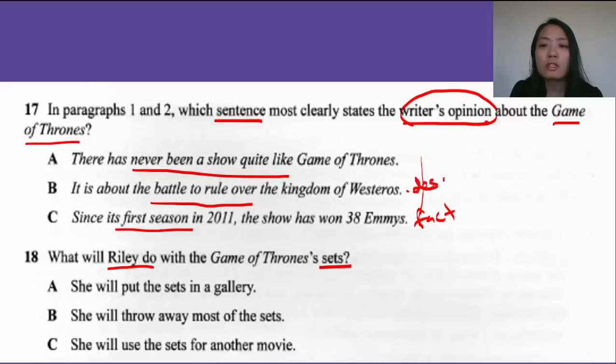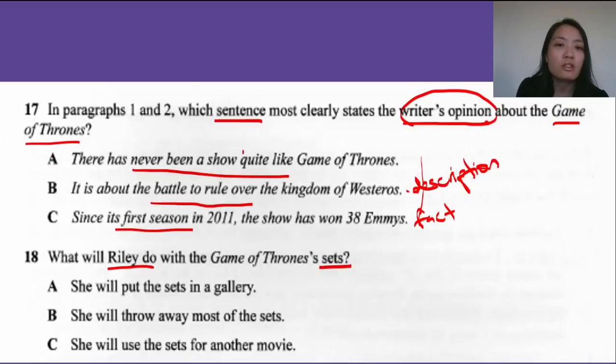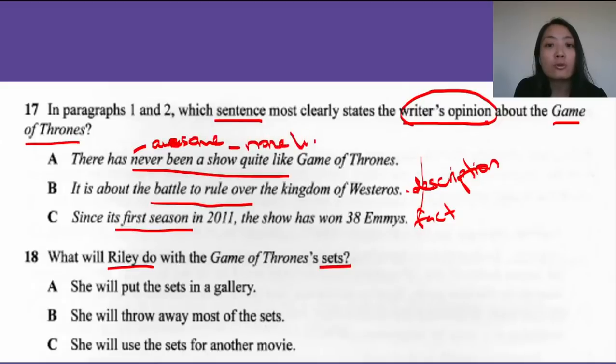So it is not really some kind of opinion that she is talking about. So that means A should probably be the final answer. She's saying that, wow, it has never been a show quite like this show. Never been a show quite like this show reveals that this show is awesome. Okay. There is none like it. None like this show.